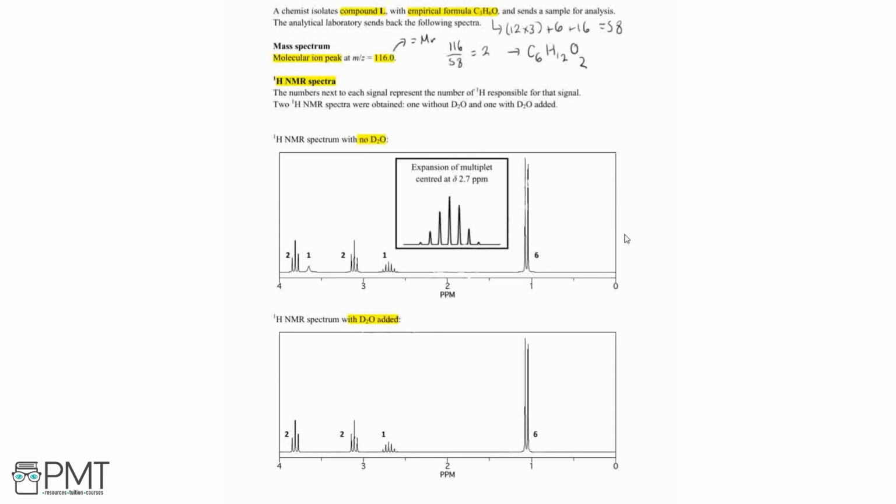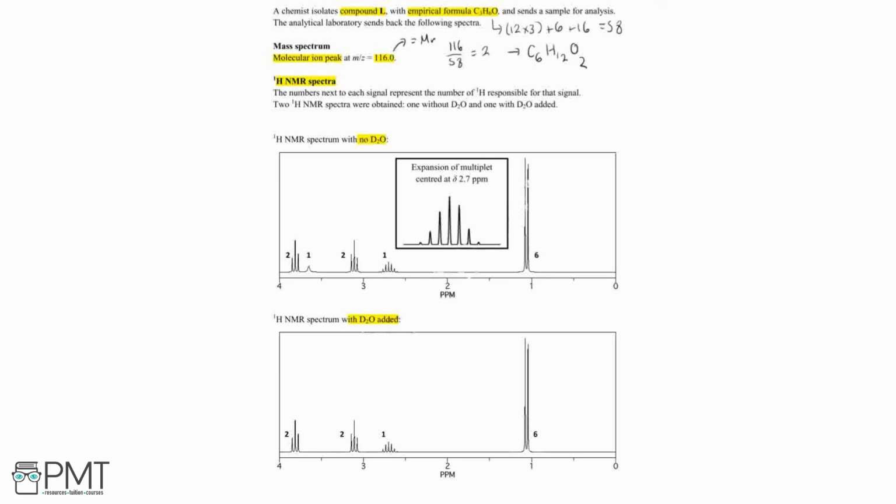So now let's have a look at our proton NMR spectra so that we can put our structure of compound L together. So we've got 2 spectra here. We've got a normal proton NMR spectrum run in a normal solvent, and we've got a proton NMR spectrum where D2O has been added. So deuterium is an isotope of hydrogen, a heavier isotope of hydrogen.